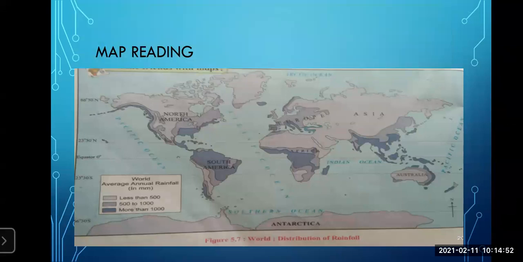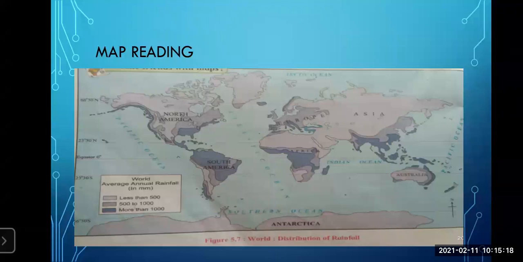Here you can see which regions are there. The answer is the equatorial region. If you see the equator which passes from 0 degree, the regions which come in the part of the equator are equatorial regions, and these regions have the highest rainfall.